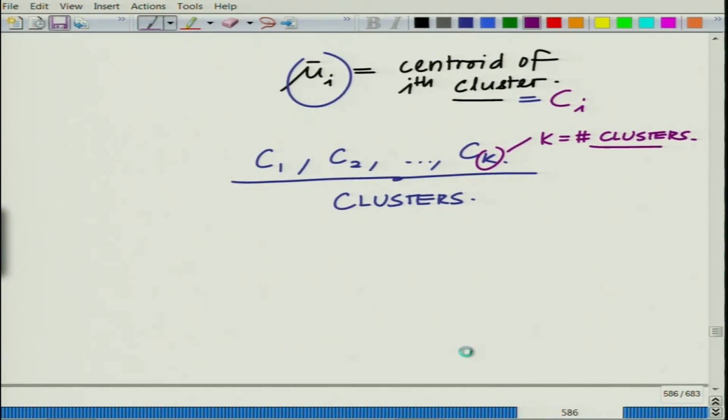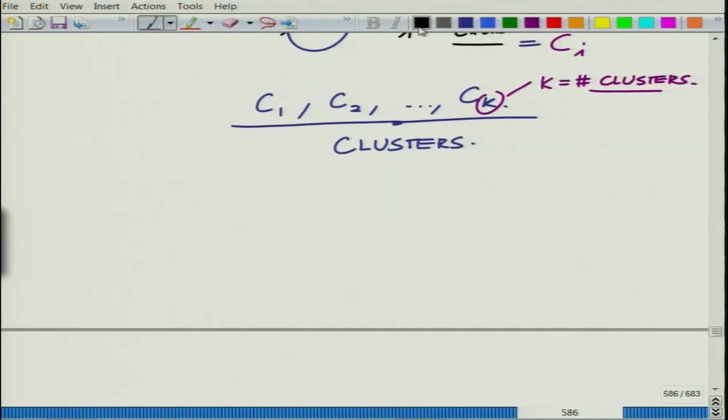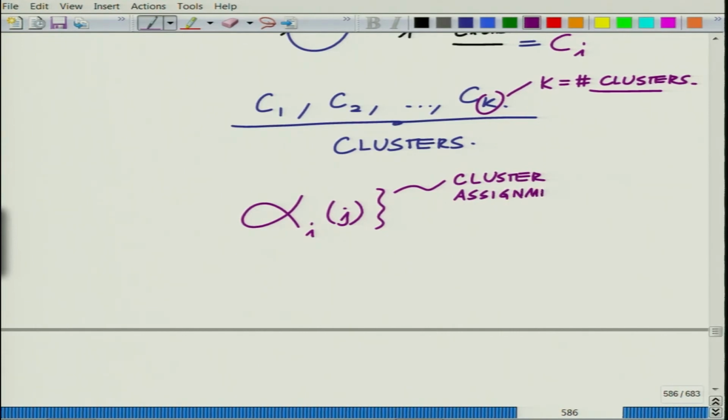Now, the key parameter here is the cluster assignment parameter, which we will denote by alpha i j. This is your cluster assignment indicator.